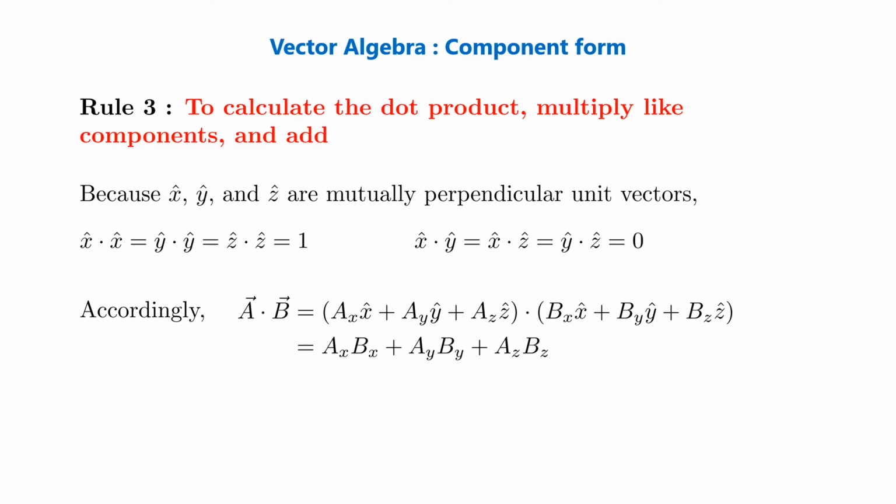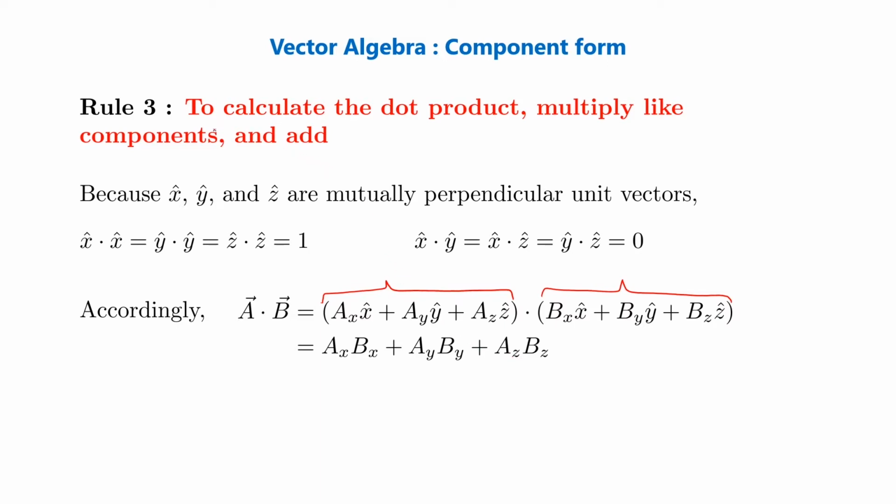Now, when we take the dot product in component form, vector A dot vector B is equal to the dot product of the corresponding components. When we take the dot product, we'll get the result ax bx plus ay by plus az bz.